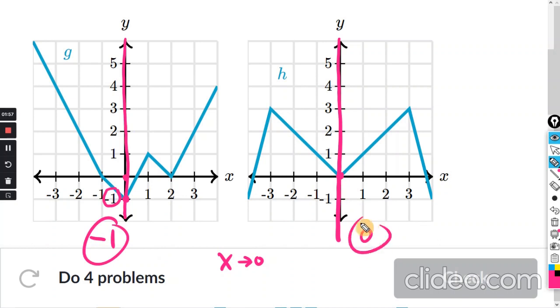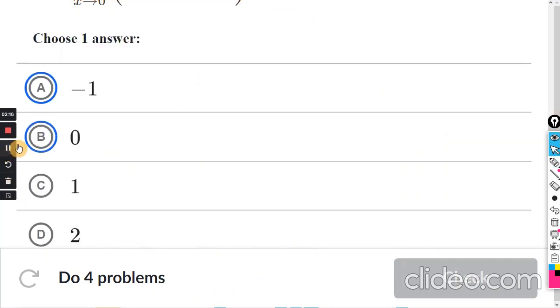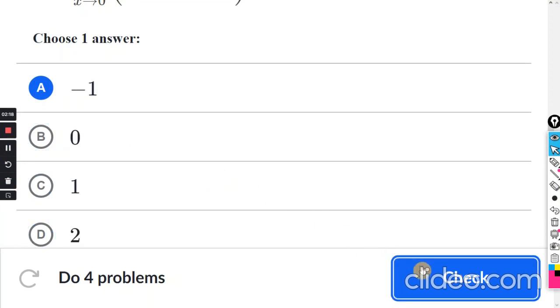For the h function, we got 0. So -1 minus 0 is just -1. Answer A.